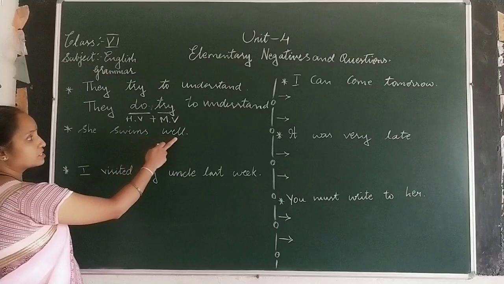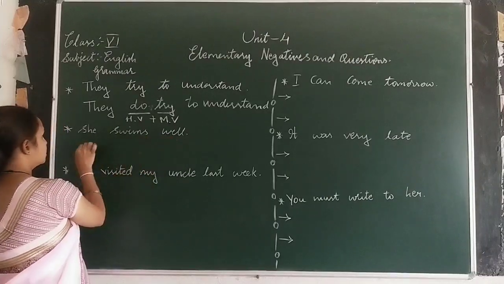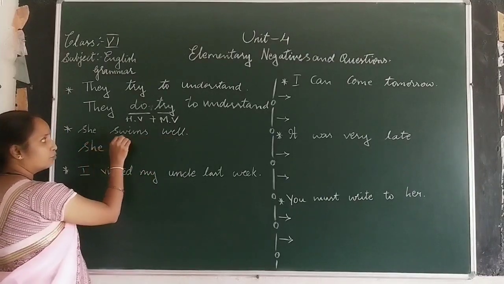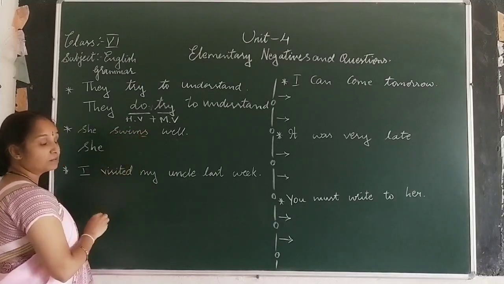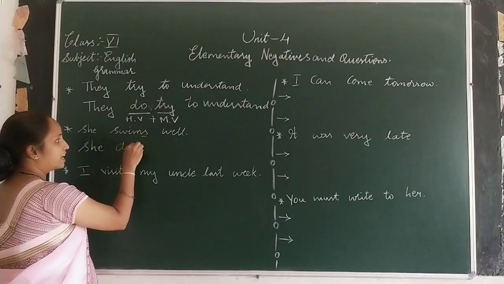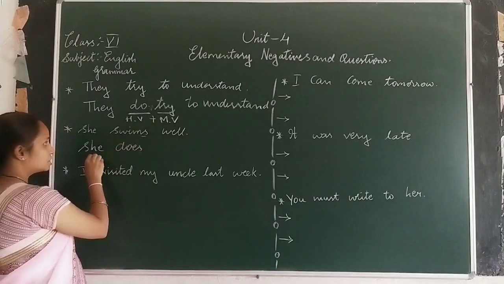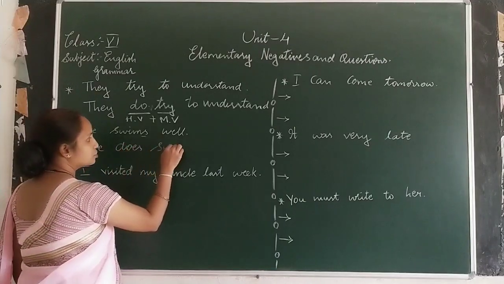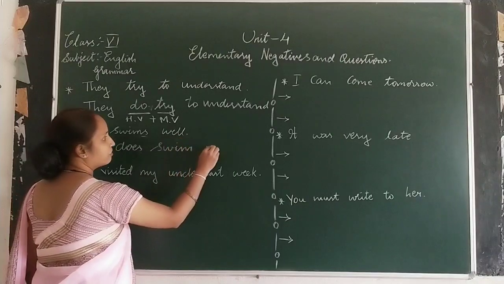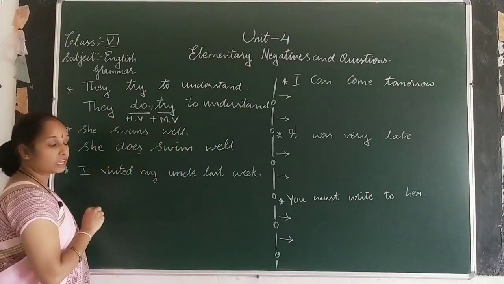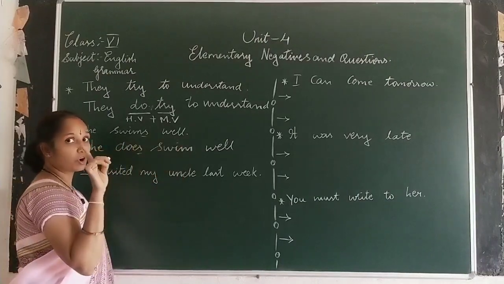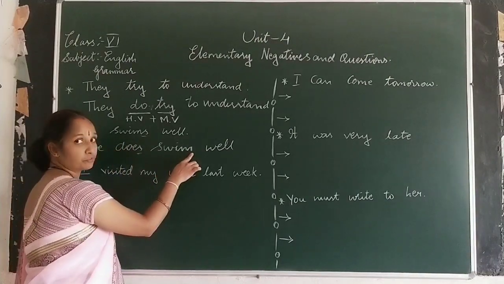So next one. She swims well. Which verb do you have to write? Here it is an s form, so you should write does. She does swim well. Already here we have used s, so once again we should not repeat the s form.